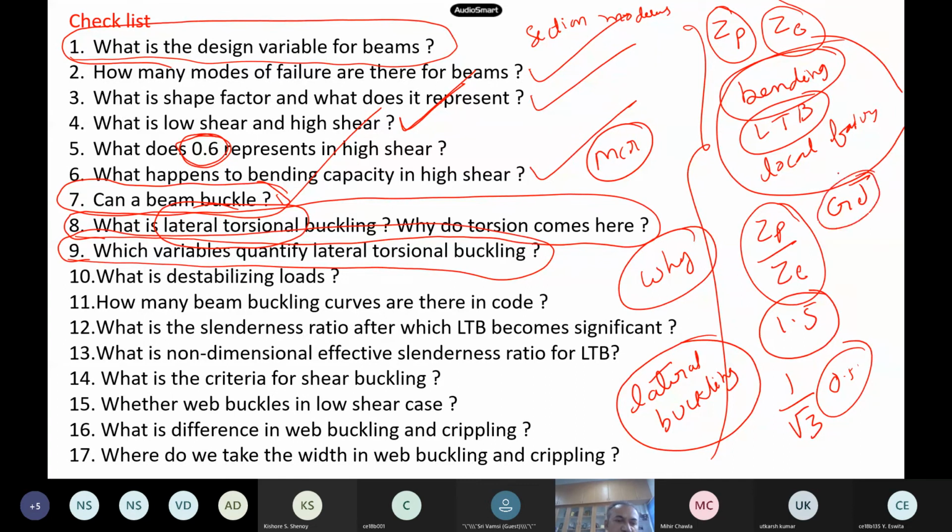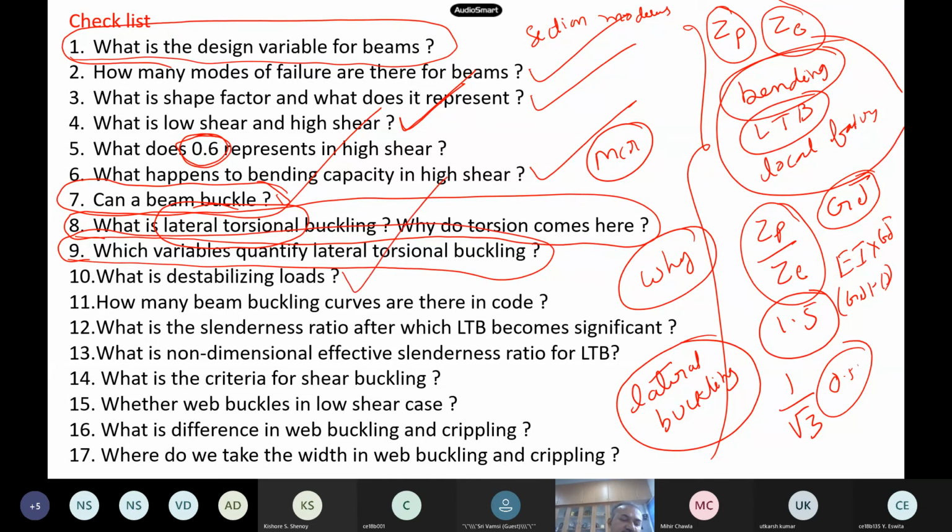See that formula I told you, right? If you want to find the critical bending moment, it is a product of something, no? Torsional rigidity multiplied by? Bending rigidity. Excellent. So EI into GJ, you followed. Or sometimes we can write GJ plus warping rigidity also. So these are the 3 variables.